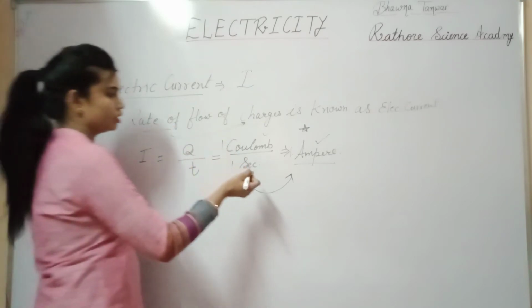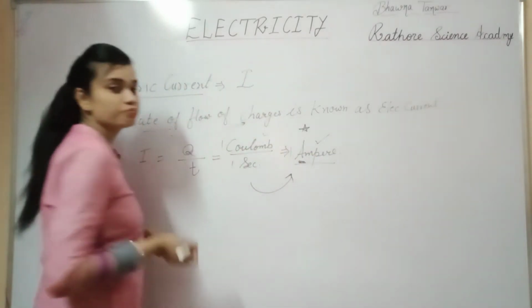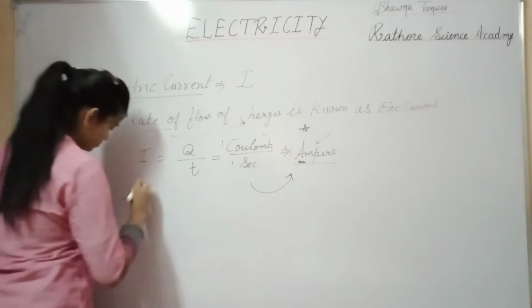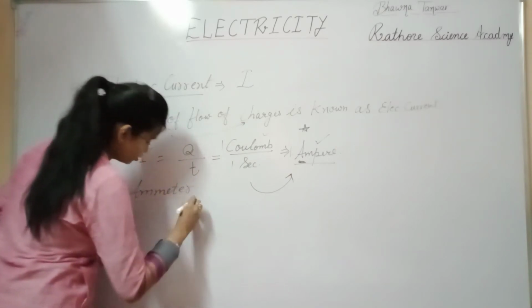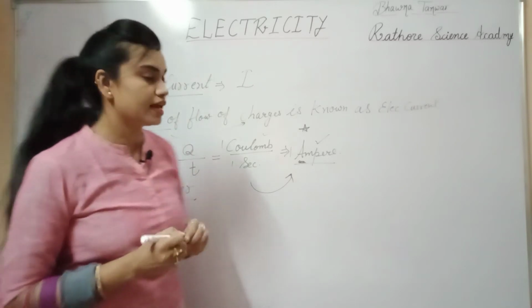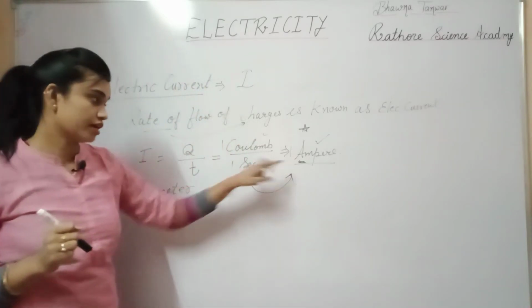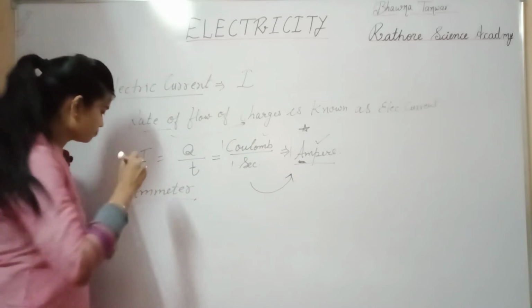Now from this you will understand the ammeter. Ammeter is a device used to measure the electric current. From this A, remember it, don't be confused.